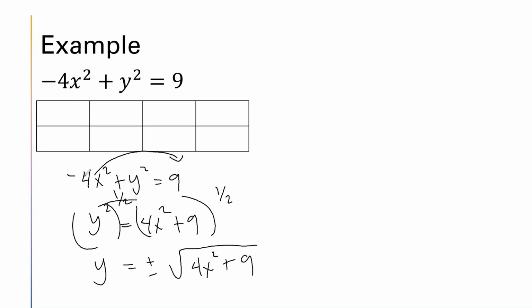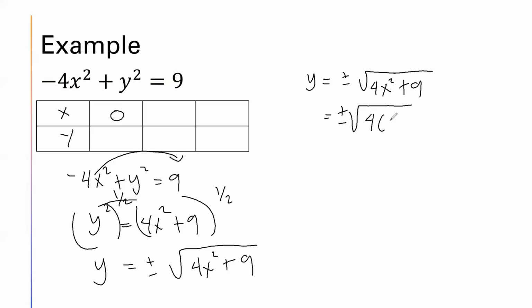Now, let's assign values for x. So we have x and y here. Let's say our x is 0. When x is 0, y is equal to positive negative square root of 4x squared plus 9. Just substitute: positive negative square root of 4 times 0 squared plus 9. 0 squared is 0, 0 times 4 is 0, 0 plus 9 is 9.